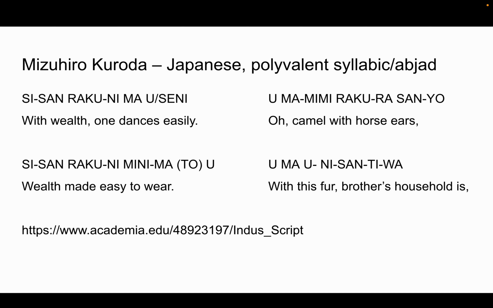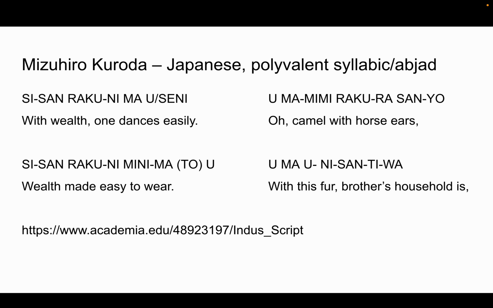So let us look at some readings of different Indus script decipherments. This particular one is by Mizuhiro Kuroda. He has deciphered the Indus script as Japanese. And as you can see, the readings do not actually make sense because the words do not belong with each other. O camel with horse ears.